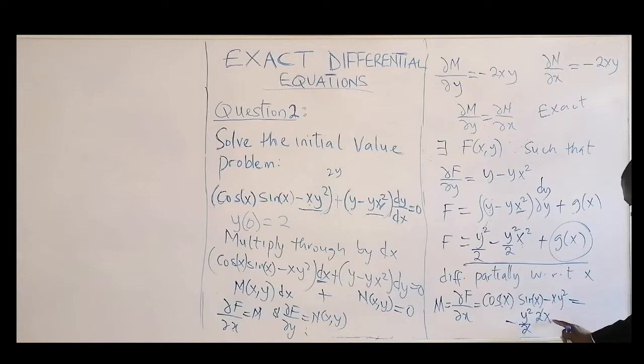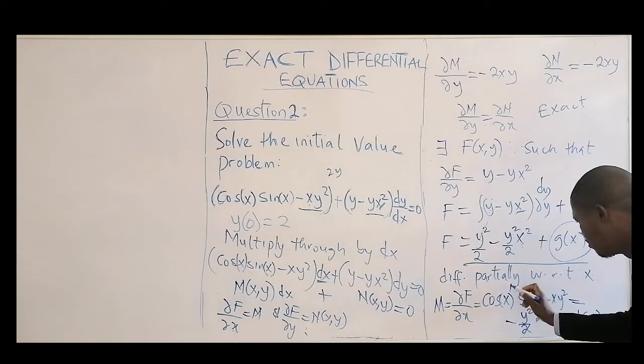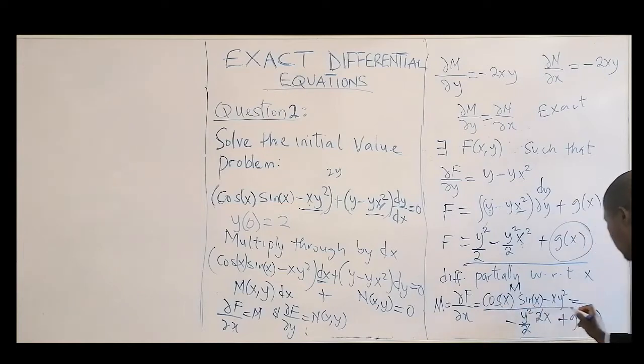So I now have x y squared, plus g prime of x. With that, don't forget this expression here is your m.